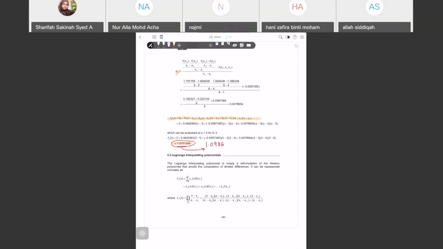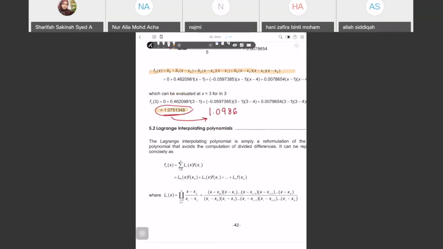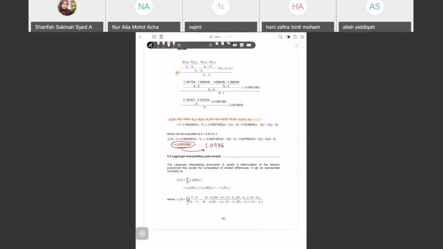For me personally, I like Lagrange compared to Newton because Lagrange is more simple in terms of the formula. So maybe this is the formula for Lagrange polynomials. Don't worry about the formula. Later you will see that it's not that difficult to memorize.